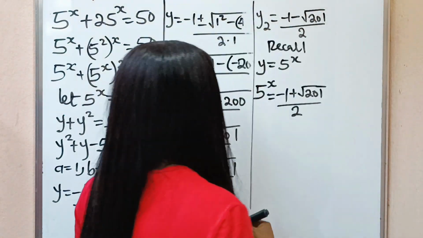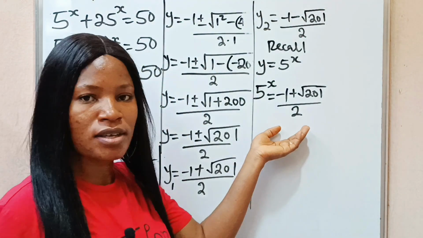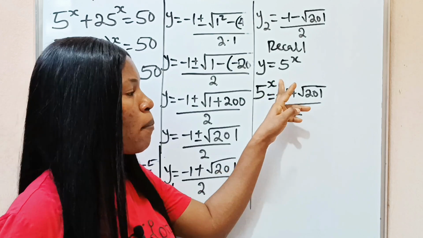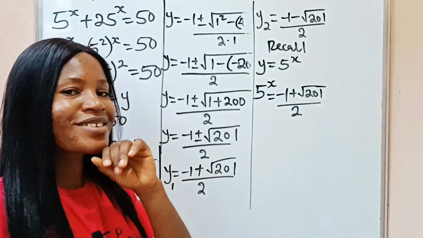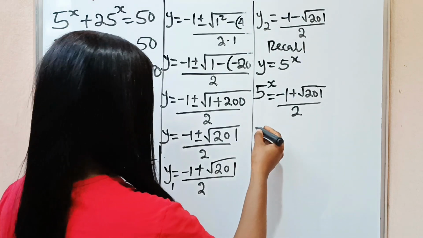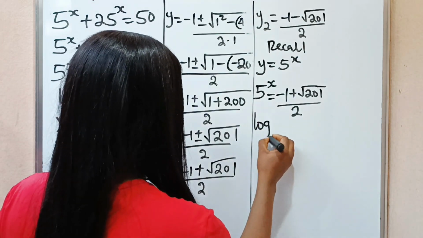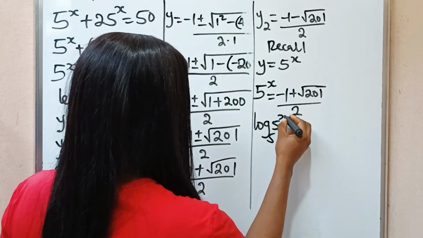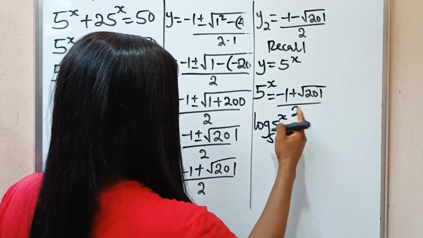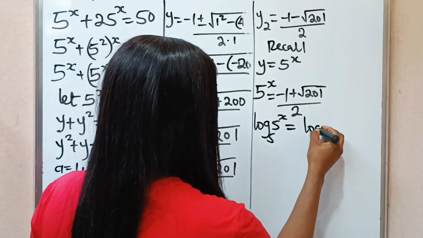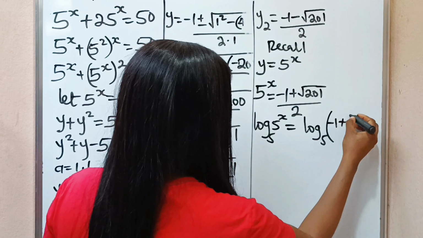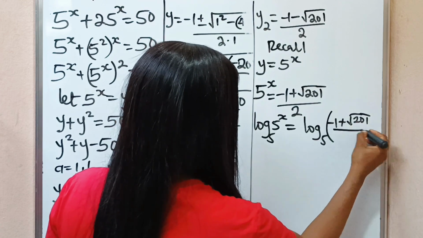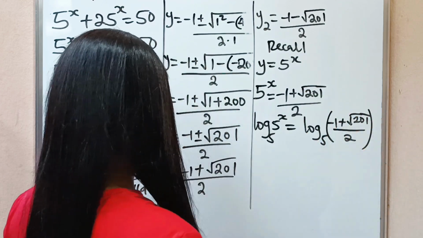Now, the only way we can get the value of x from here, since x is our power, is to introduce log to both sides of this equation. So let's go ahead and do that. We are going to introduce log to base 5 to both of them. So log to base 5 of 5 to the power of x is equal to log to base 5 of minus 1 plus root 201 divided by 2.